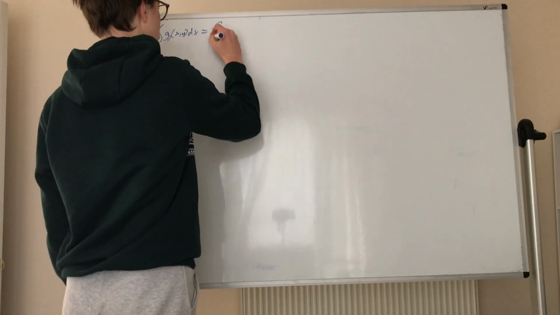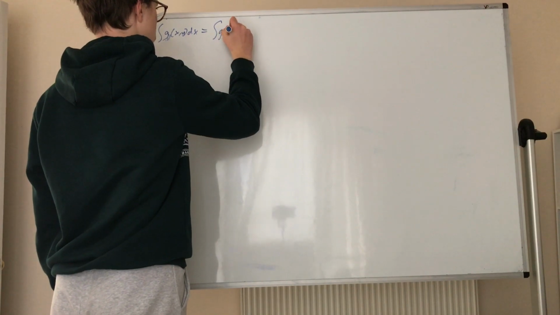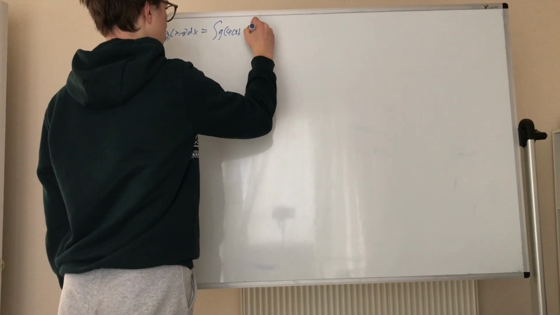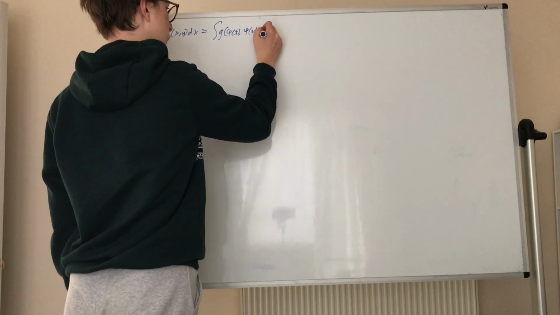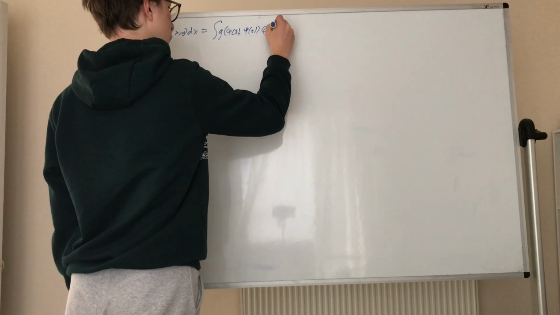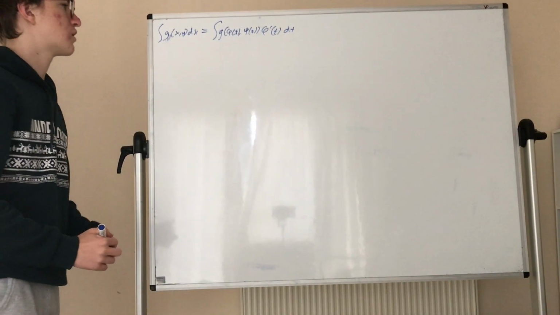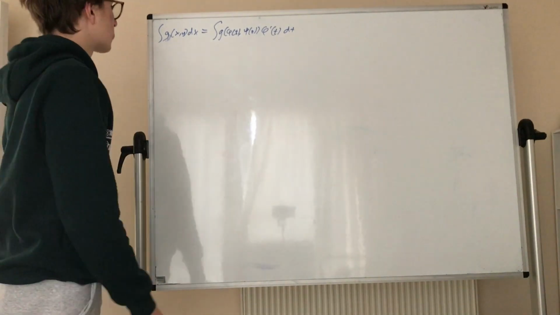So this is equal to the integral of g of phi of t, psi of t times, I think it's phi prime of t dt, which is again in terms of elementary functions, and that's nice.